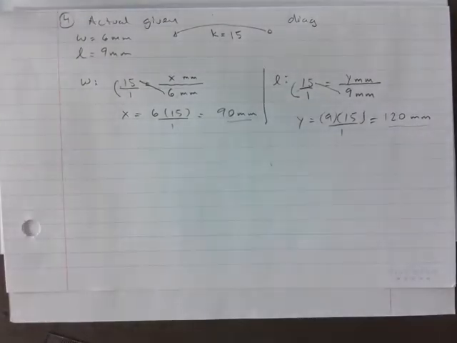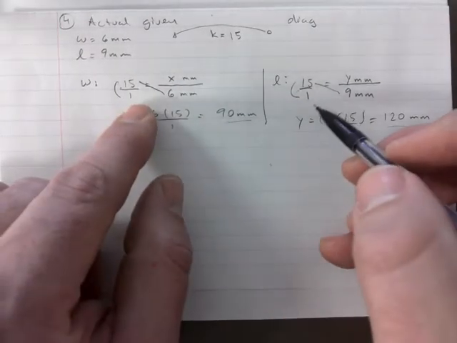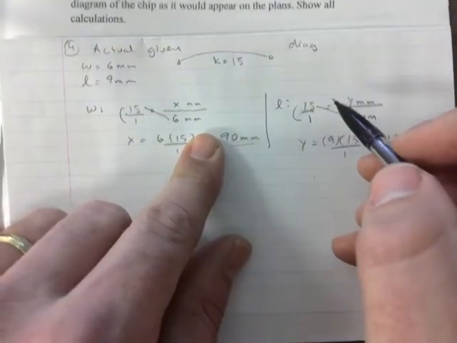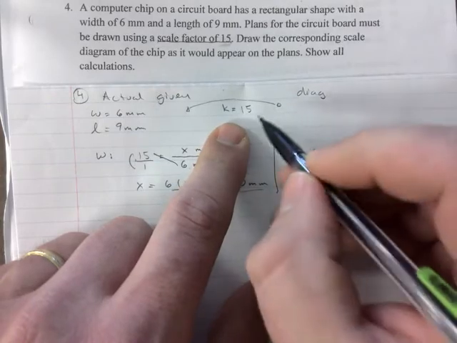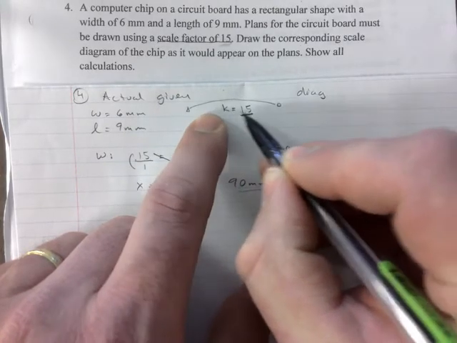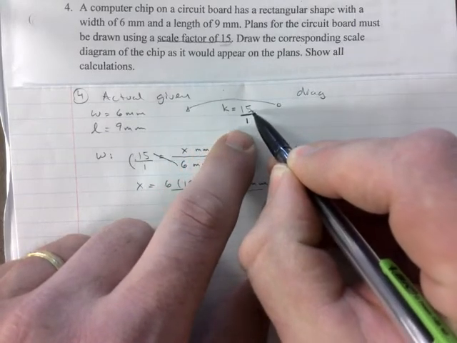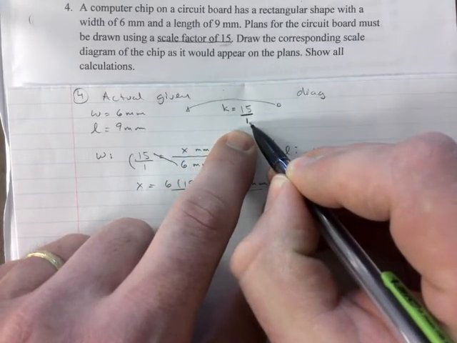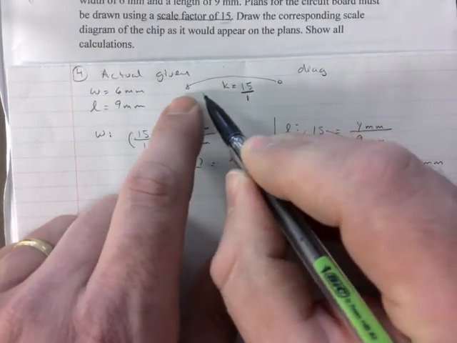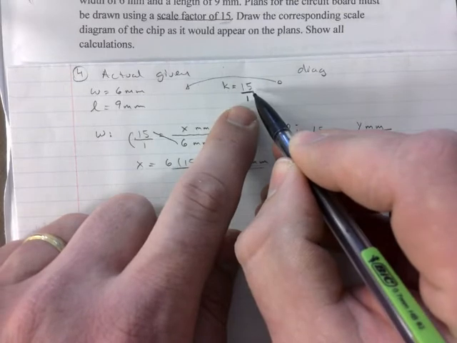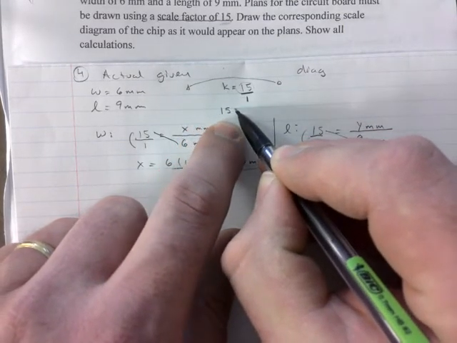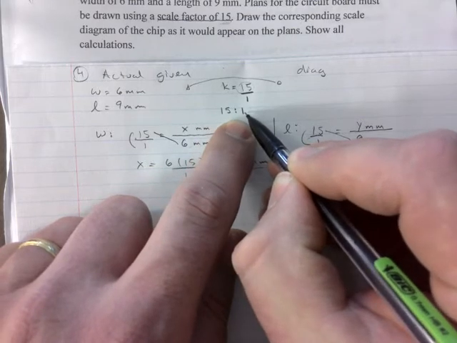Okay, so this would have been done the exact same way if they had given you a scale, because watch this, this is pretty cool. When they say a scale factor of this, then it's really 15 over 1, right? Remember I told you that you can go from a scale to a scale factor and that this number is always on the left and the other number is on the right, right?